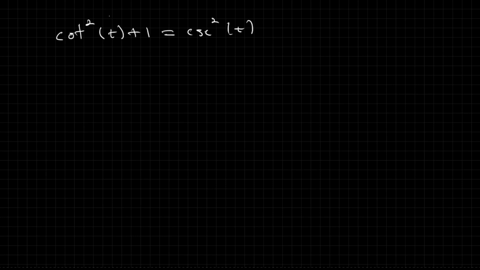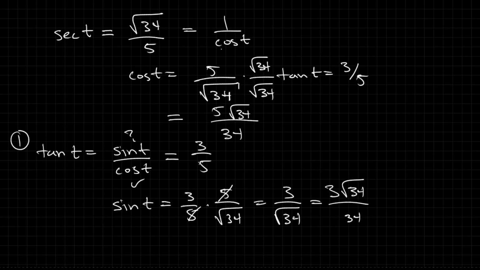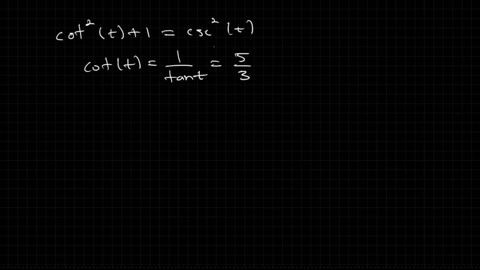Now, it wasn't given to you what cotangent of t is, but cotangent of t is the same thing as 1 over tan t, and tan t is 3/5, so this is going to be 5/3. Then you can figure out what cosecant is the same way that we figured out what secant was over here, and that will lead you to what sine of t is.